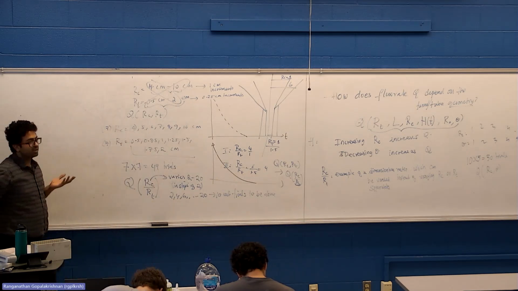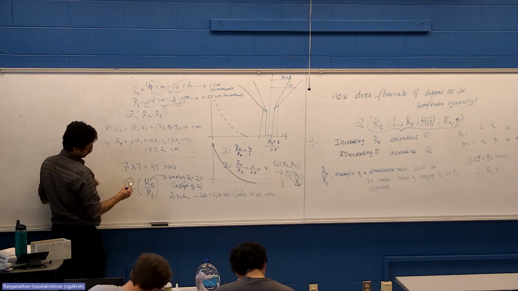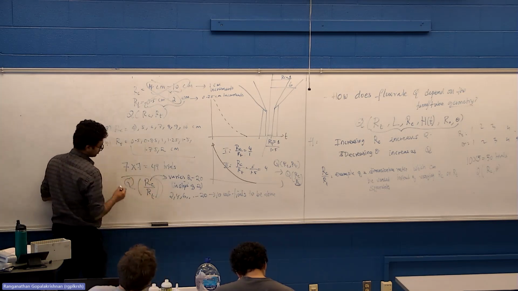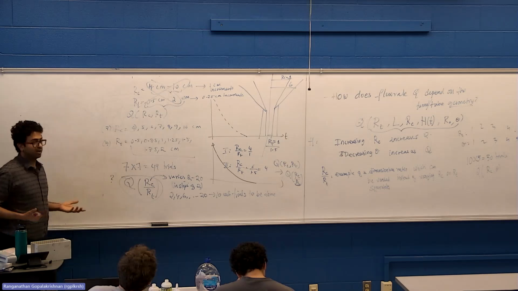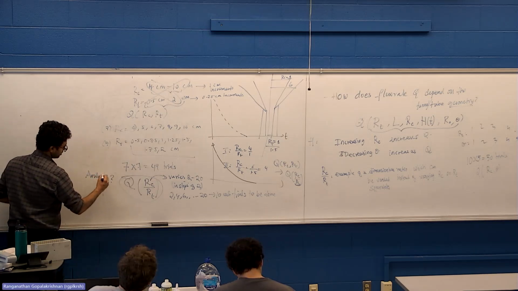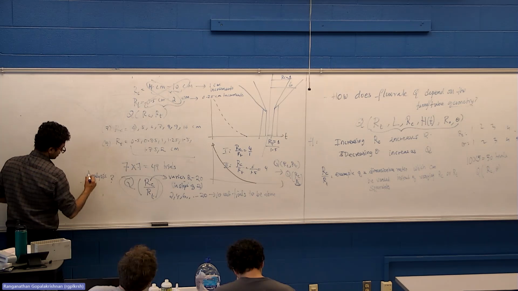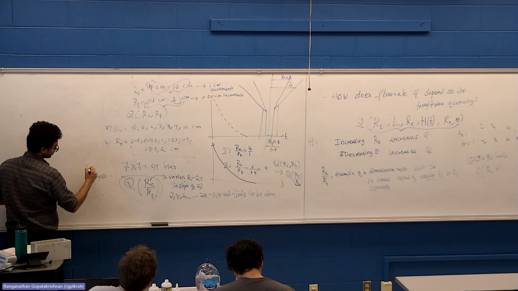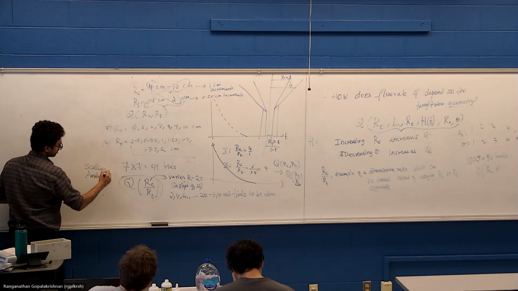Now, obviously, the question is, where did I get the information that Q depends on the ratio and not on the individual numbers? This comes from analysis which is called scaling analysis.